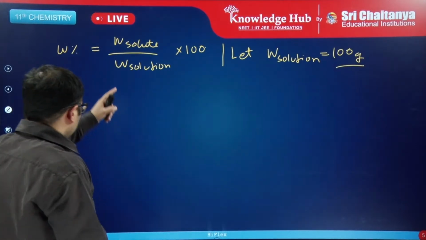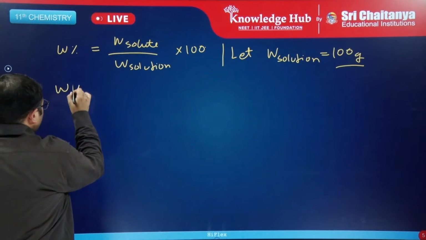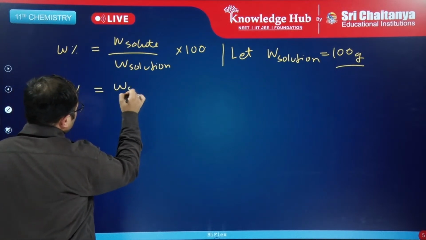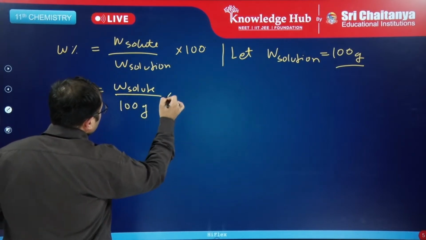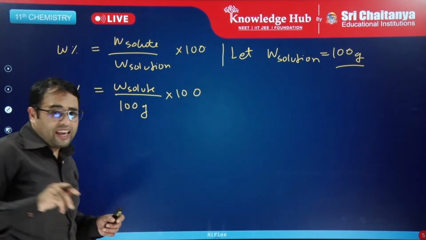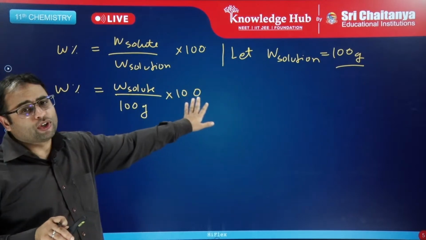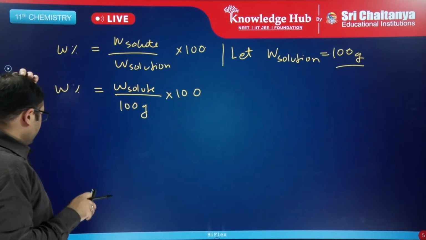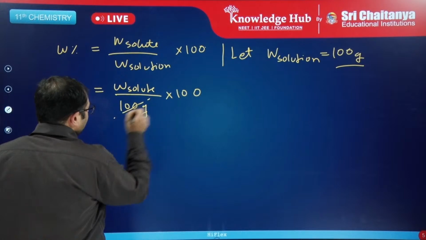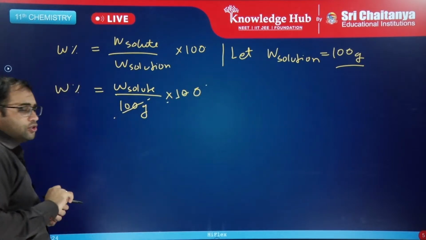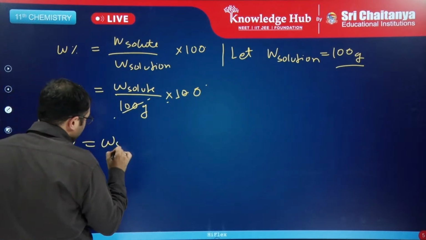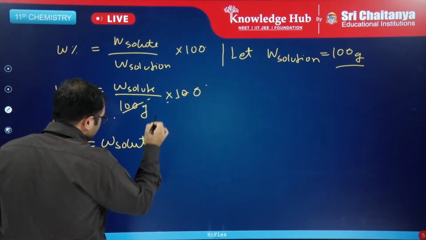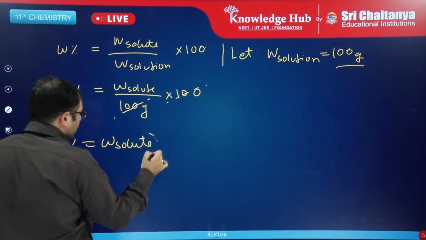So let the weight of solution be 100 grams. See, our aim is to cancel this 100 from the top 100 so that you can get some kind of relation. So now weight percentage is weight of solute, and because I've taken gram in the denominator, it is weight of solute in grams.